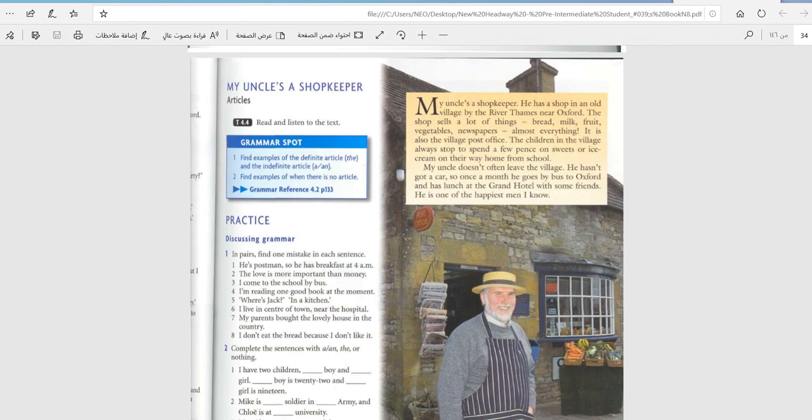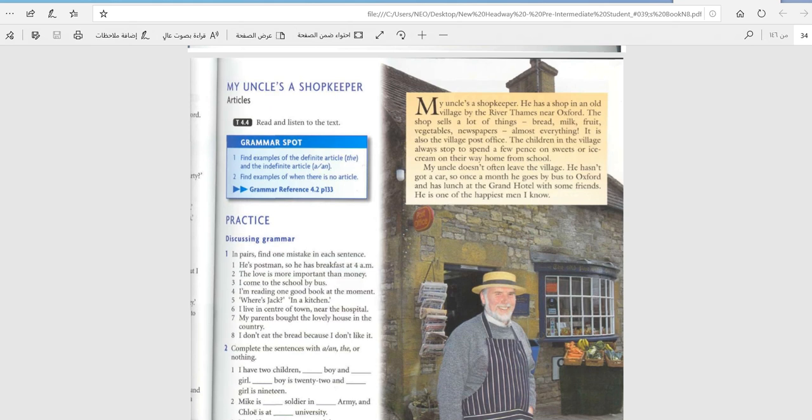Read and listen to the text. Grammar spots. Find examples of the definite article the and the indefinite article a and an. For example, if there is no article. Let's start reading. My uncle is a shopkeeper. He has a shop in an old village, but the river Thames is near Oxford.